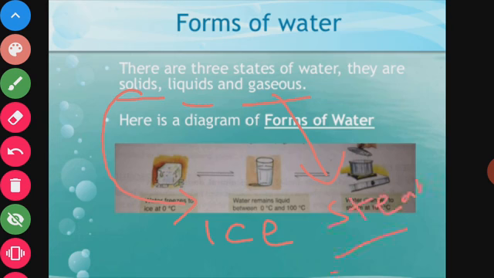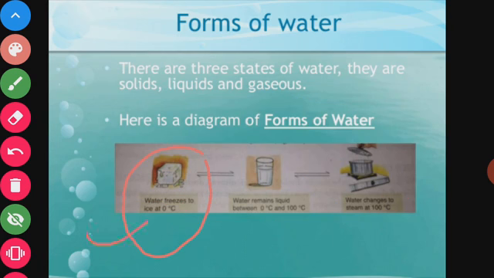Water freezes at 0 degrees centigrade. Water freezes to form solid ice at 0 degrees centigrade, and water remains liquid between 0 and 100 degrees centigrade. And water changes to steam at 100 degrees centigrade.